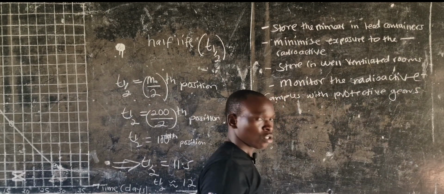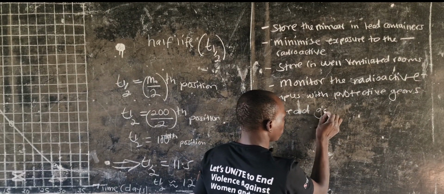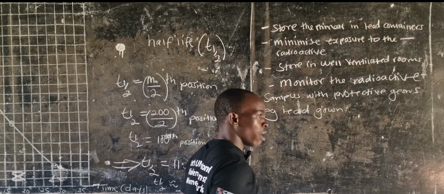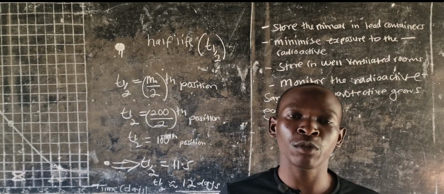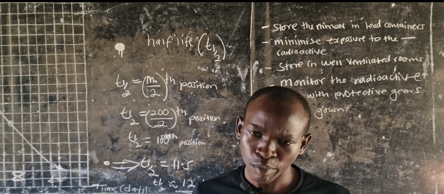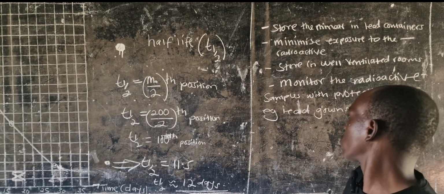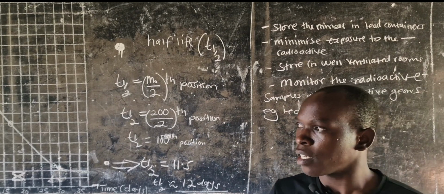In this, you can put e.g. lead gowns. Make sure everything that you interact with is made of lead, such that it absorbs any stray radiations, those that can go in different directions, and they may end up endangering your life.